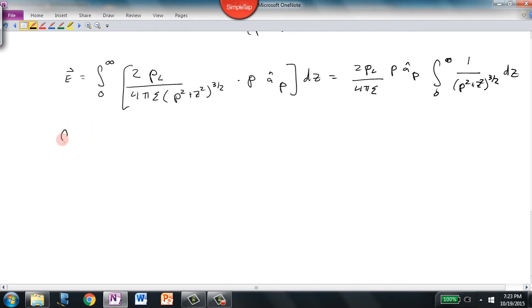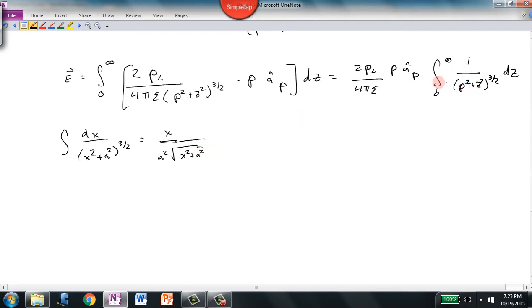I'll just remind you that the integral of dx over x squared plus a squared to the 3/2 is equal to x over a squared times the square root of x squared plus a squared. If you remembered that from calculus, my congratulations to you. I had to look that one up. But this is something you can usually find in a table of integrals.